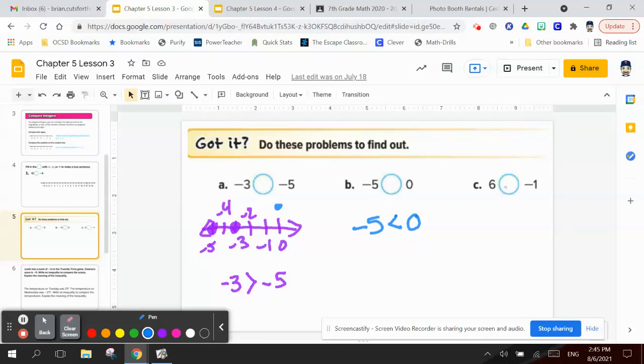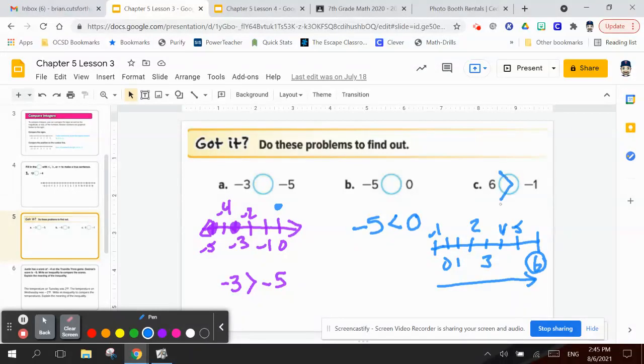And when we look at letter C, again, here's 6, 5, 4, 3, 2, 1, 0, negative 1. Which one's furthest to the right? That's going to be 6. So 6 is greater than negative 1.